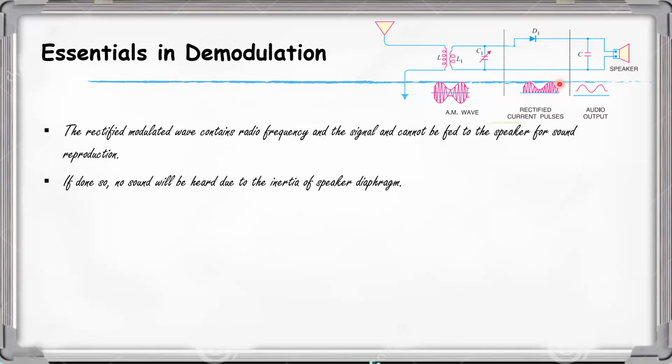If we connect the diode directly into the speaker, we can't hear anything, because the signal from the diode contains the audio signal and also the carrier signal.